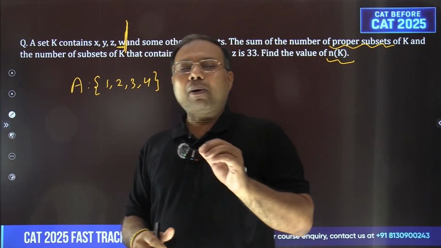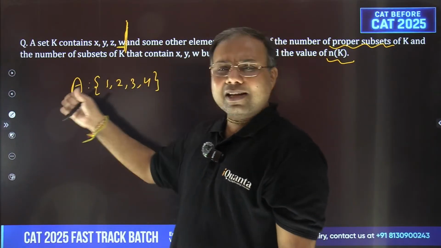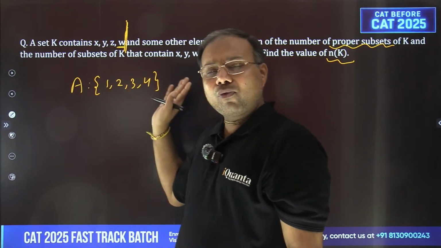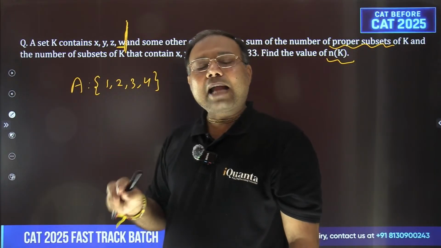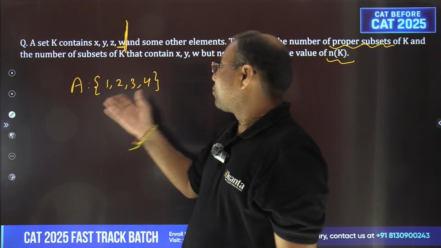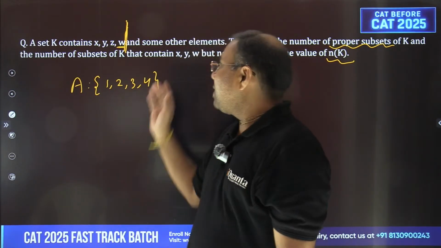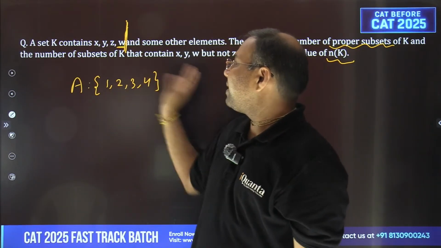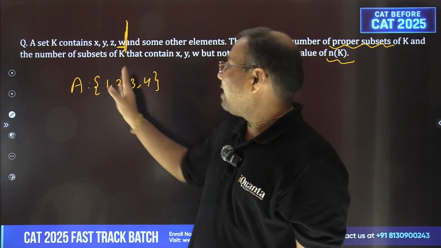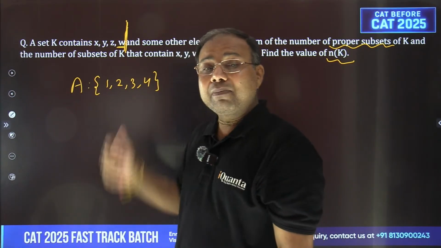So if you talk about the largest subset possible, that would be this entire set, having all the 4 elements, and any smaller subset would be maybe out of 4 elements having only 3 elements, right? Which 3? It could be leaving 4 the remaining 3, leaving 3 the remaining 3, leaving 2 the other 3, and leaving 1 the remaining 3. There are 4 subsets possible with 3 elements.